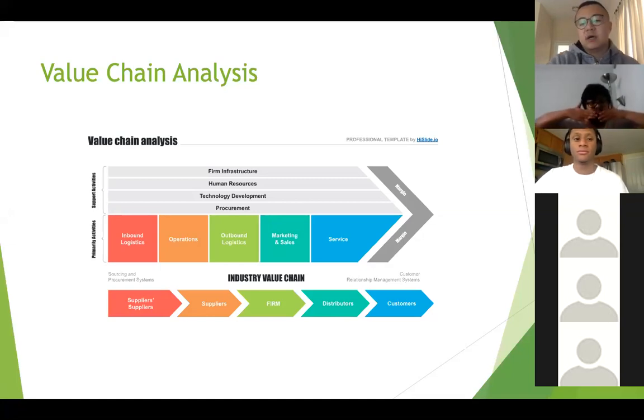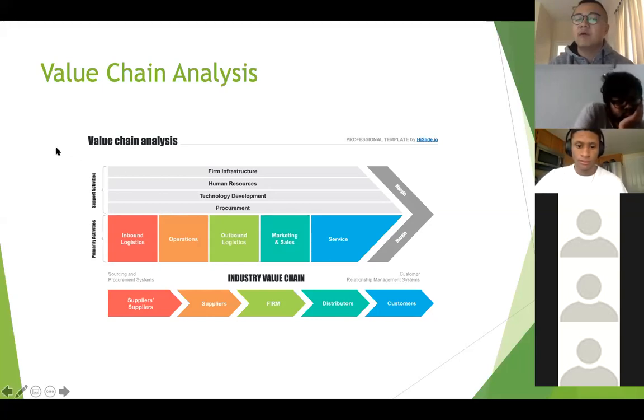And then ship the steel to the parts company. Then they use the steel to make parts, and then it goes to the firm, the automaker, then to the distributor, the auto dealer, and then to the customer. So that's the industry value chain. You need to know how many upstream or downstream companies are in the industry chain. So what we learned in class is a company value chain, which is this picture here.